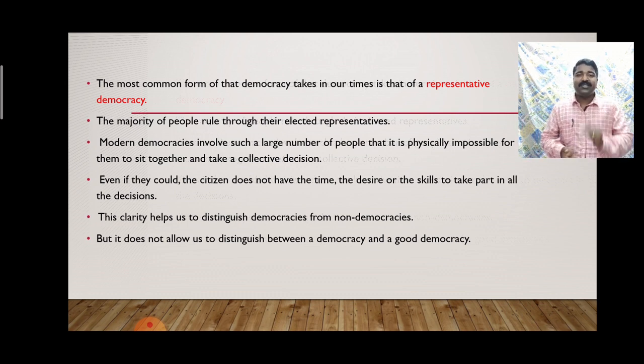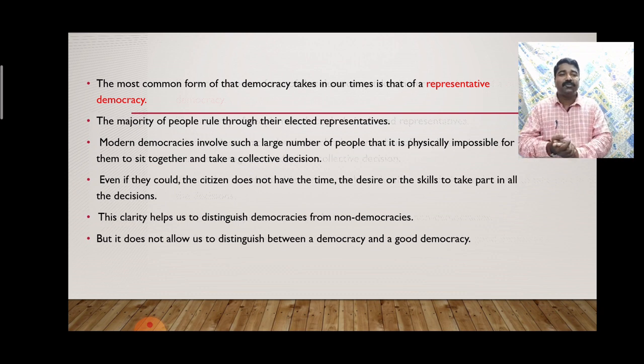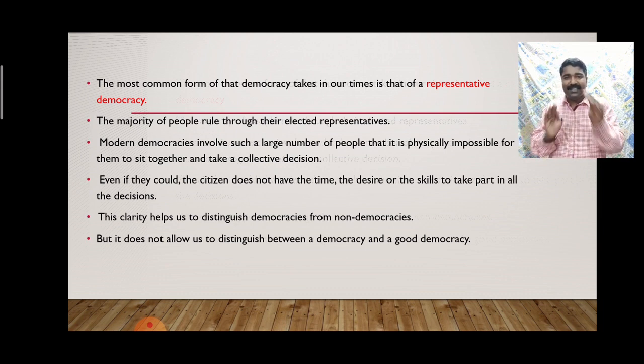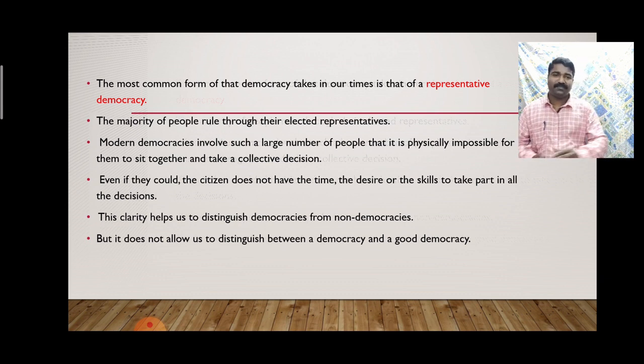But it does not allow us to distinguish between a democracy and a good democracy. You can distinguish between democracies and non-democracies based on the functions we studied, but you cannot distinguish between a good democracy and a democracy. Now we are going to see what a good democracy is.